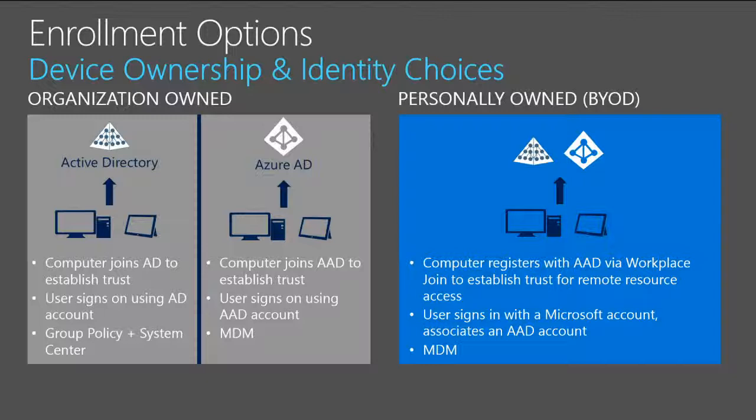But the other one that is really interesting and that is new for Windows 10 is the computer joins Azure AD, and it establishes a trust. So I spoke about that earlier. That is a way of enrolling devices. So if you decide, okay, my mobile devices are going to Azure AD join, then you also decide it will be MDM managed because they are related.